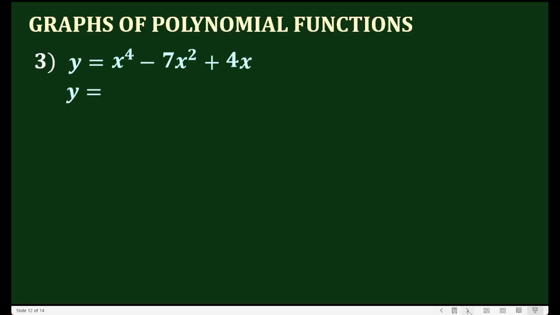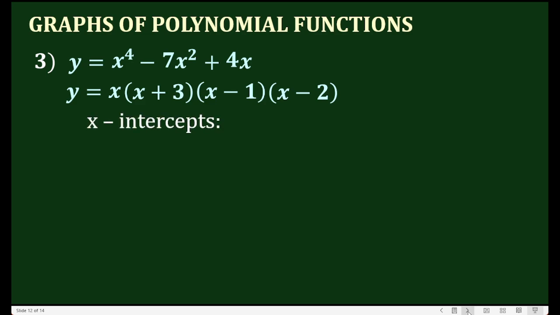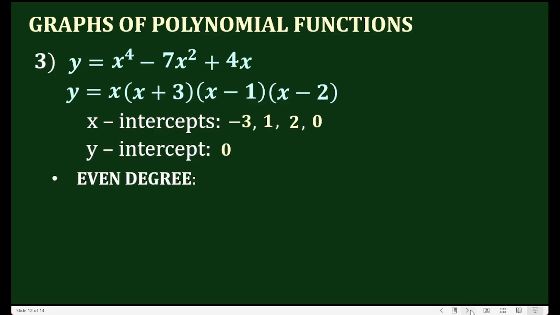To trace the graph of this third polynomial function, we can factor the right side and determine the x-intercepts. These are -3, 1, 2, and 0, which is taken from the factor x equated to 0. Then for the y-intercept, set x to 0, and we found out that the y-intercept is 0.